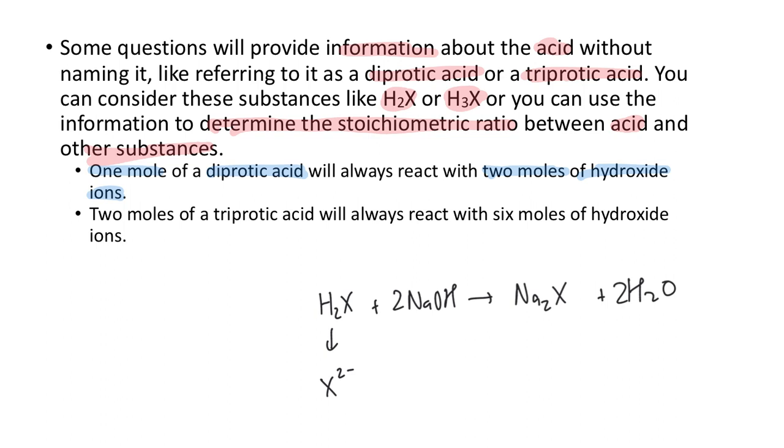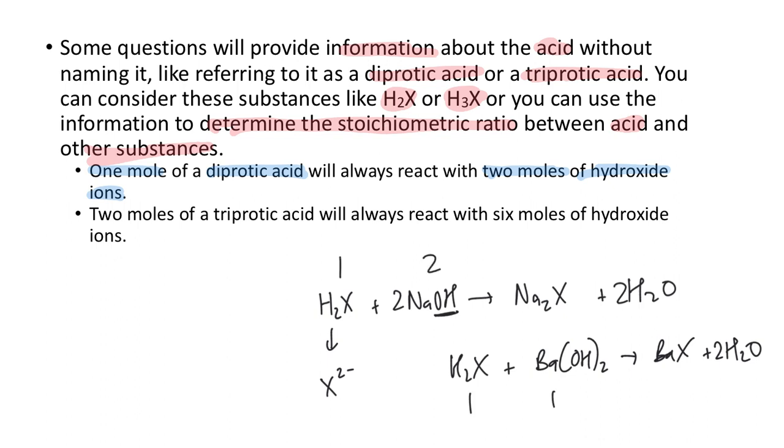But remember that barium hydroxide has 2 hydroxides per molecule. If you were to react H2X with, say, barium hydroxide, it would just be BaX plus 2 H2O, and you would notice a 1-to-1 ratio compared to a 1-to-2 ratio there.